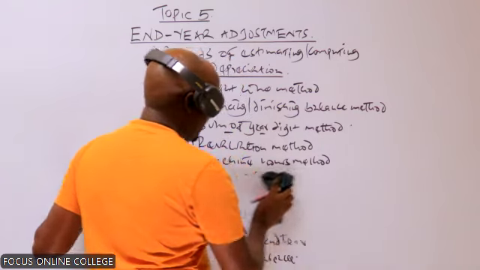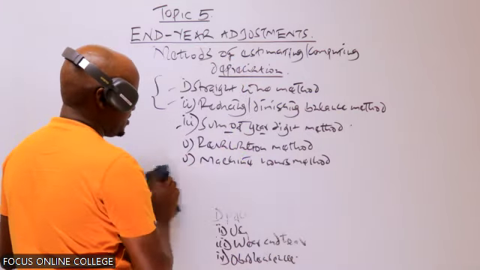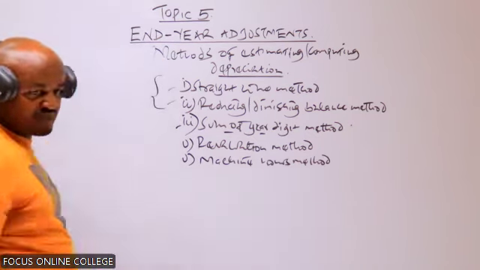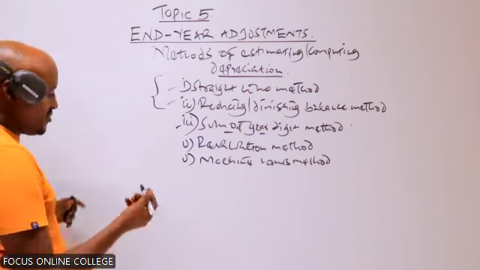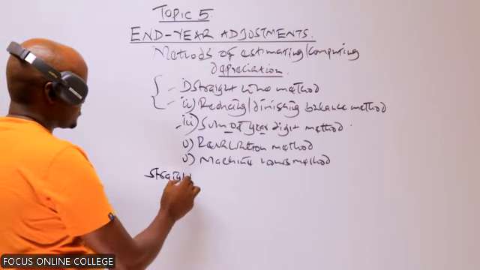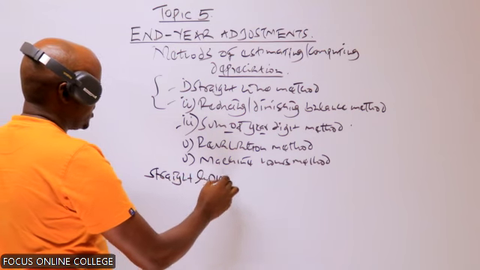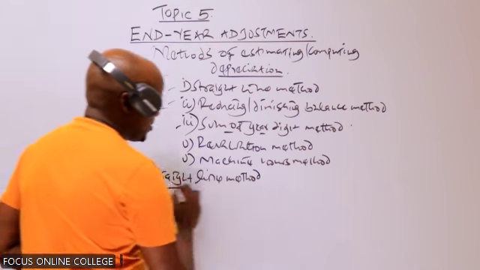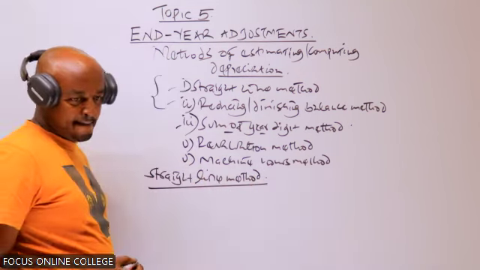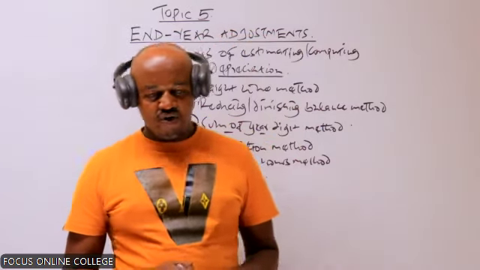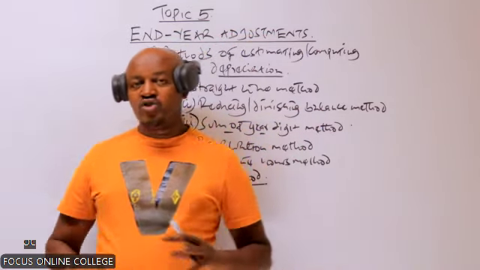Now, how do we estimate depreciation or the loss of value of assets using these methods? Let's start with the first one, which is the straight line method. Under this method, we compute the depreciation based on the cost of the asset.